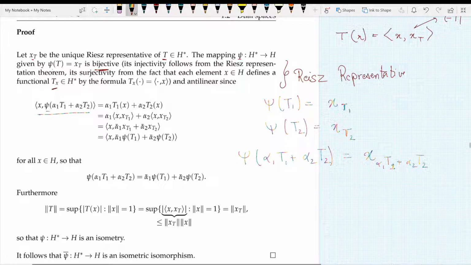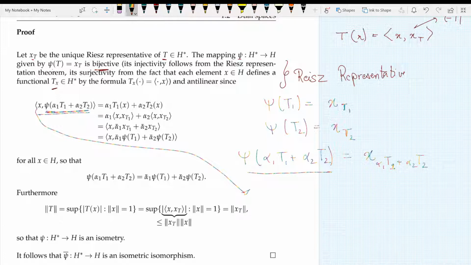This thing here is exactly what I have written here, so this can be replaced with this. I can write it as the inner product of x with x_(alpha 1 t1 plus alpha 2 t2). Riesz representation says that t of x is equal to the inner product of x and x_t.